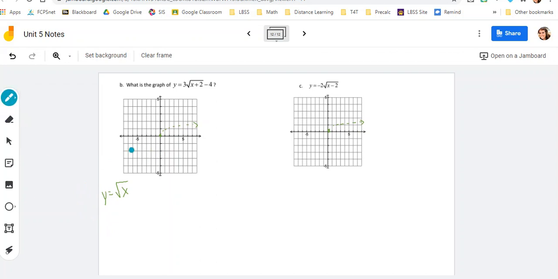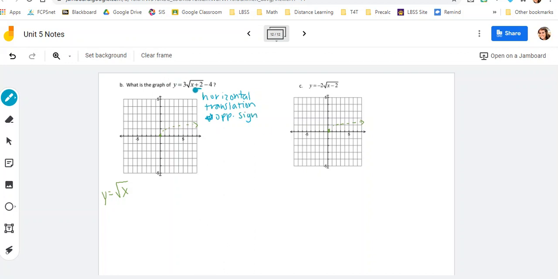So the parts of these equations are the exact same as we've been doing for all the other function transformations we've observed this year. So starting with the number closest to the x, that is going to be our horizontal shift or a horizontal translation. And it's going to have the opposite sign of the direction that it goes.